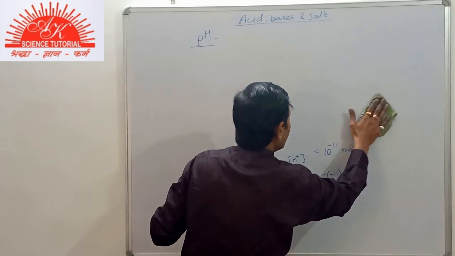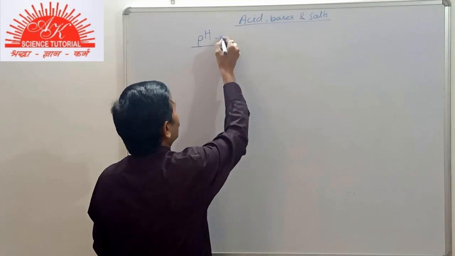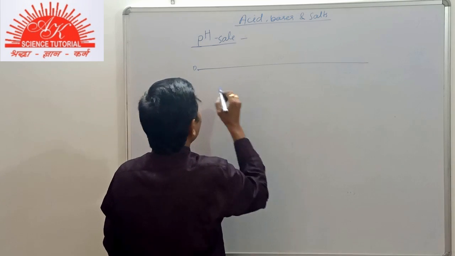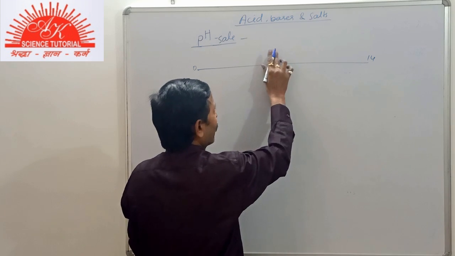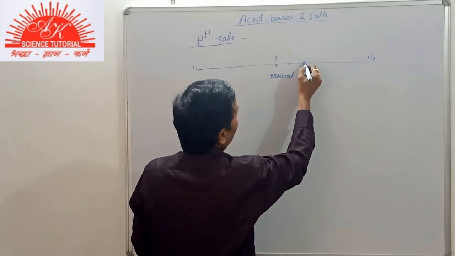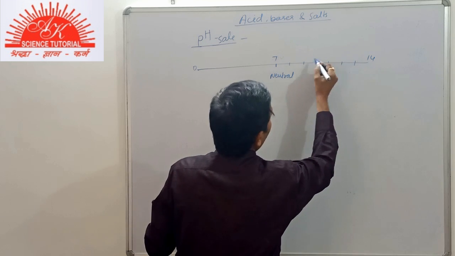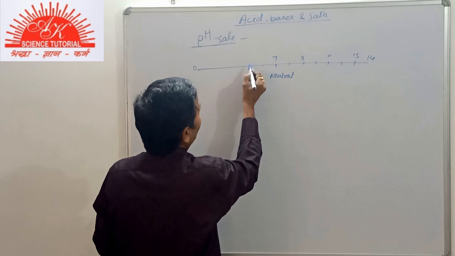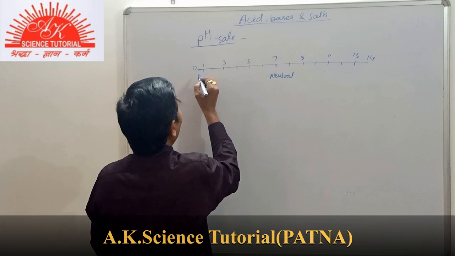Now using the pH value, we make a scale to determine the solution. So we use the term pH scale. The pH scale ranges from 0 to 14. pH 7 is neutral. 8, 9, 10, 11, 12, 13 on this side, and 6, 5, 4, 3, 2, 1 on the other.